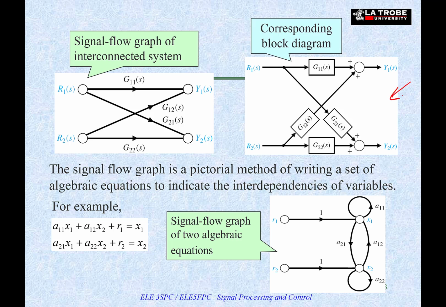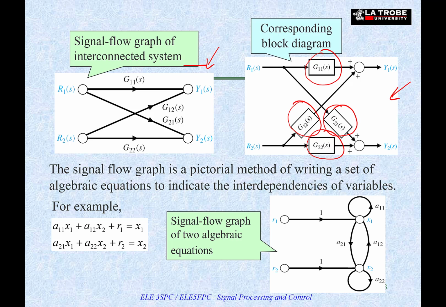This block diagram, we've seen it in the last video. It represents a two-input, two-output system. If we draw the corresponding signal flow graph of the same system, it looks like this. The transfer function between signals is written in a block. So these blocks represent the transfer functions between signals.